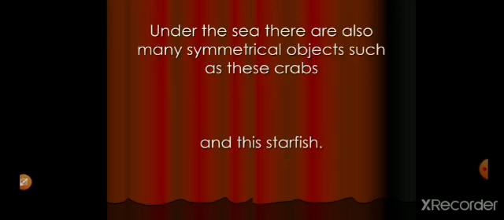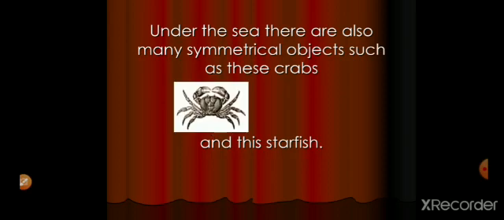Under the sea there are also many symmetrical objects, such as these crabs, and this starfish is also a symmetrical object. When we draw a vertical line, we can see two mirror halves, the left half equal to the right half.